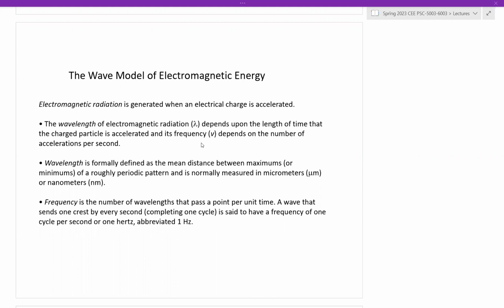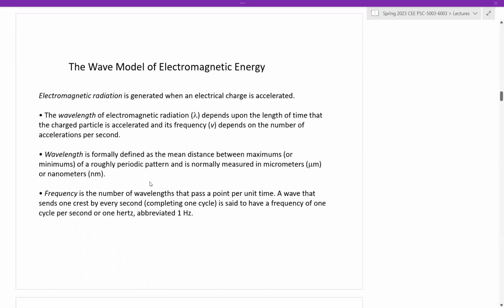The typical unit for wavelength is micrometers, meters to the minus 6, or nanometers, meters to the power of minus 8.